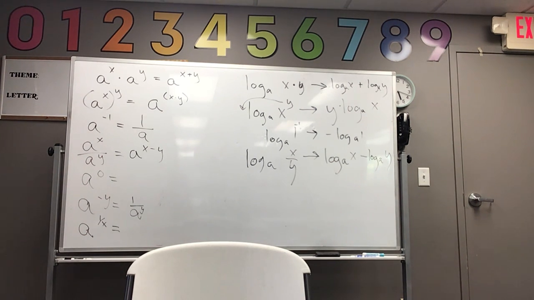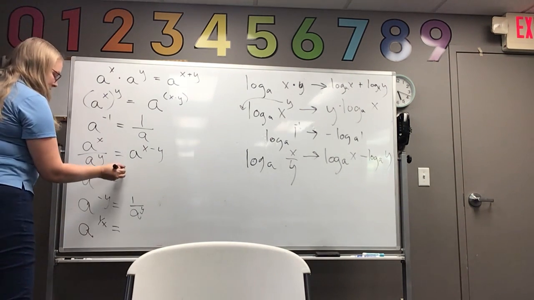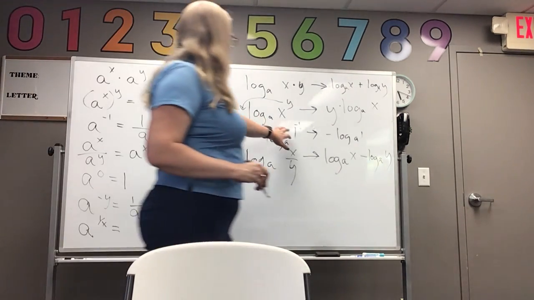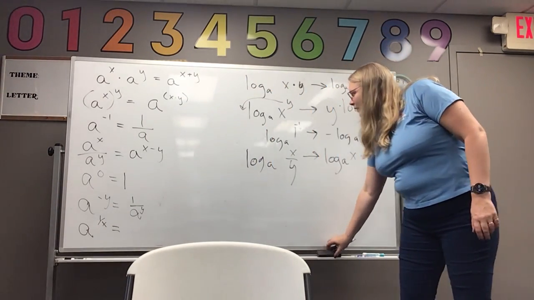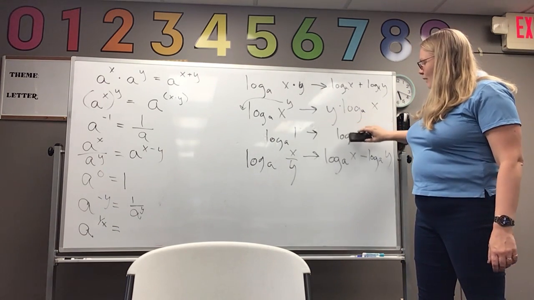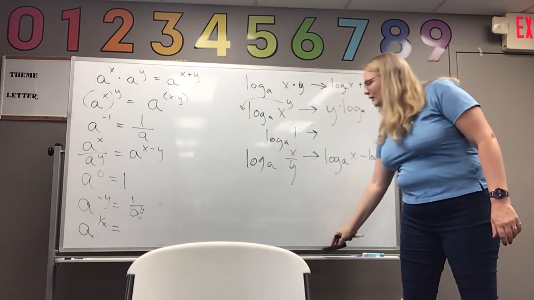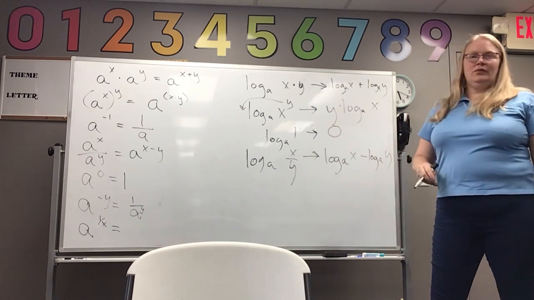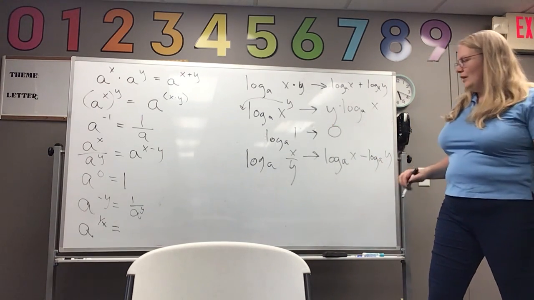How about a to the 0? Makes it equal to 1. And that actually ties into this one. In reality, we don't have to mess with that. It's a bad example. But if we have the log base a of 1, that always equals 0. The log of 1 equals 0.